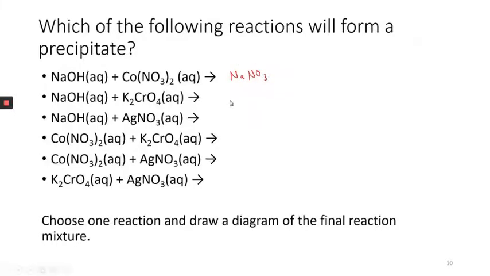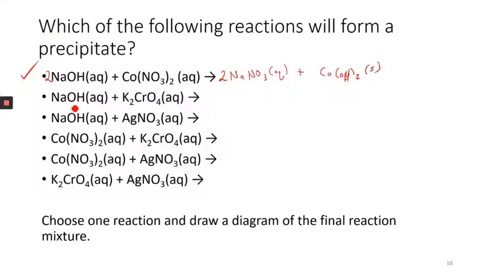Nitrates are always soluble, so that will be aq, plus cobalt 2 hydroxide. And if you look at your solubility table, that is insoluble, so that would be a solid. Now we just need to make sure we balance this. Okay, so this one here forms a precipitate.